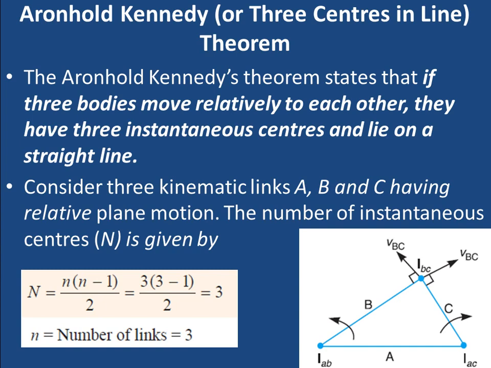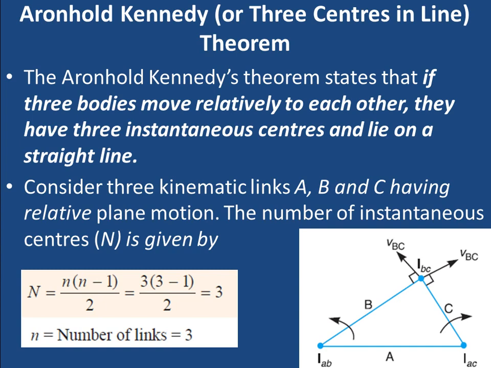So you can see, if you have considered three links here, A, B, C, the number of instantaneous centers will be 3 into 3 minus 1 by 2. So in this case the number of instantaneous centers will be 3.